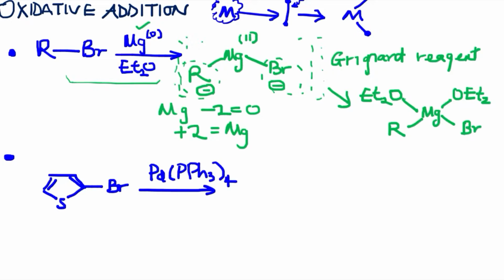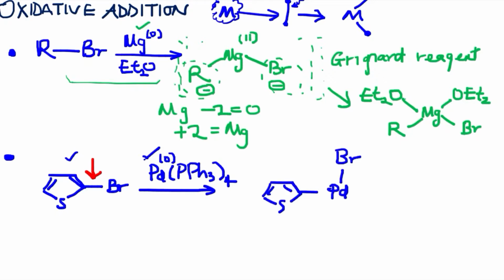We notice that palladium has a charge of 0 because it has 10 electrons in this complex. Our goal now is to coordinate this with this, and we need to focus on a specific bond. The specific bond that we're going to break is this one right here, and what that results in is the formation of our product.